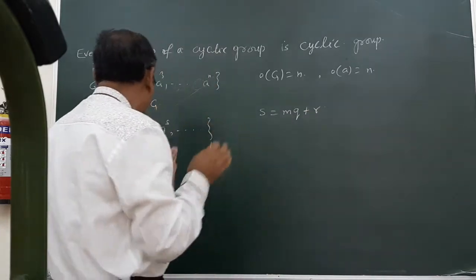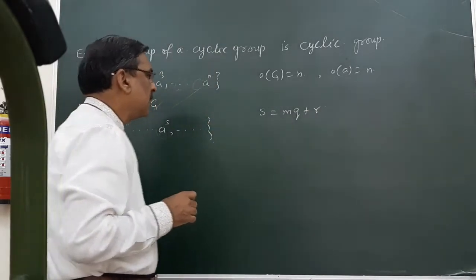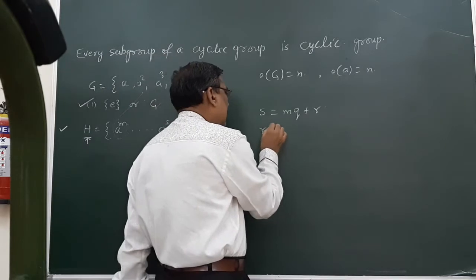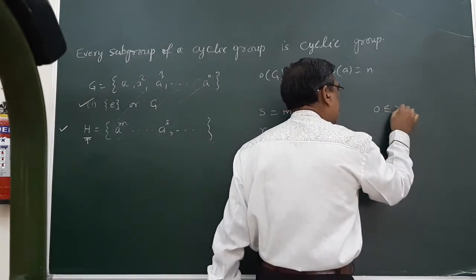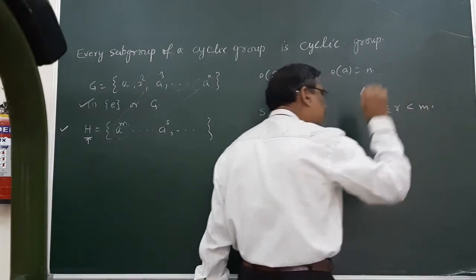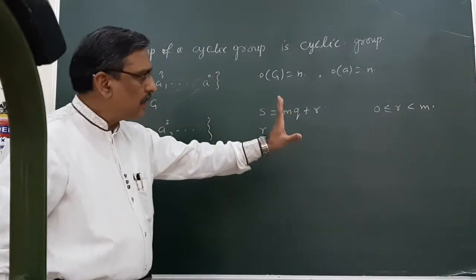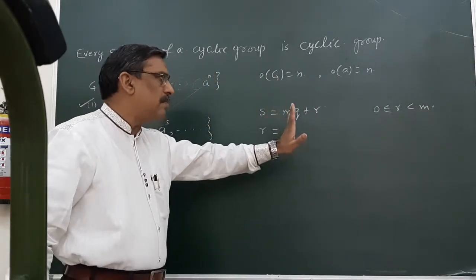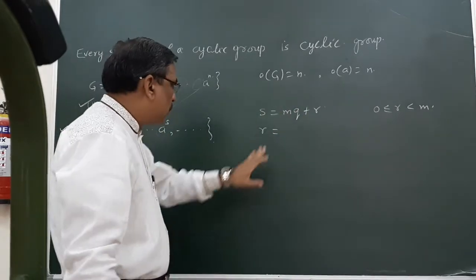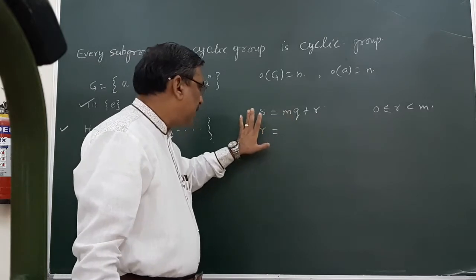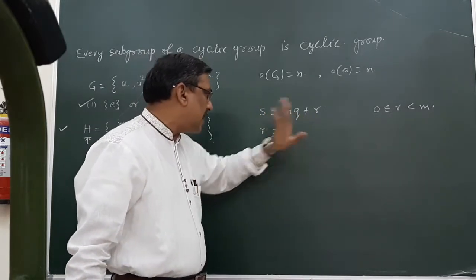We can write it by the division algorithm, where r lies between 0 and n. r may be equal to 0 but less than n by the division algorithm. So I may write s is equal to nq plus r.